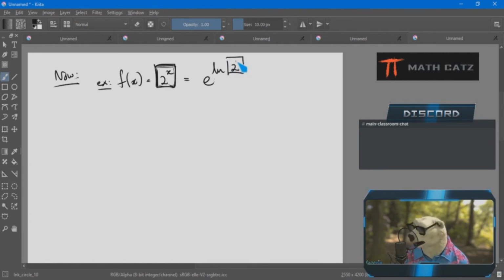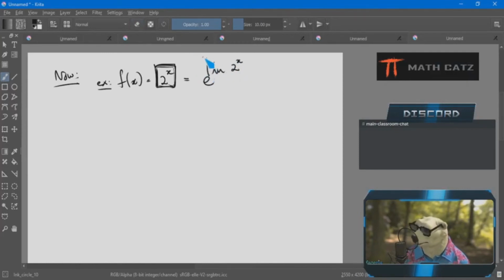What was that? It was 2 to the x. It didn't matter what it was. This is true always. Anything can be in that square. Well, anything positive. But now look at what I have. Let me remove that square. Look at what I have for that log. I have something to the power of something else. I have 2 to the power of x.